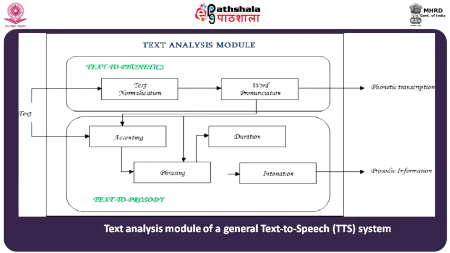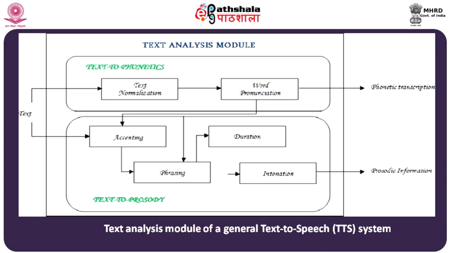Digital Signal Processing Module, which is the second module of this synthesizer system. The DSP module uses the phonetic transcription and prosodic information produced by the text analysis module to produce speech. This can be done in two ways, as can be seen in this diagram.